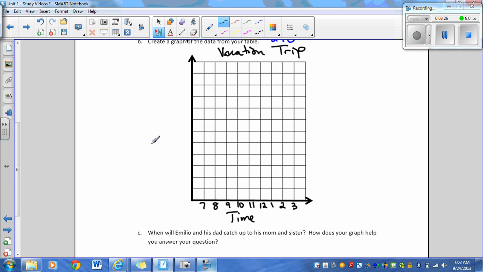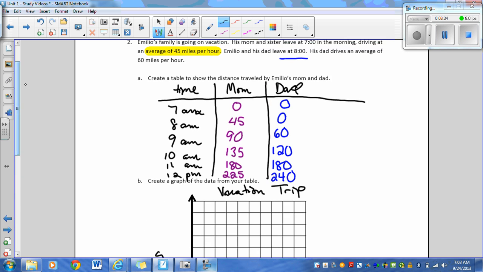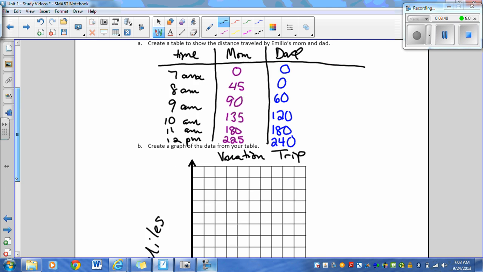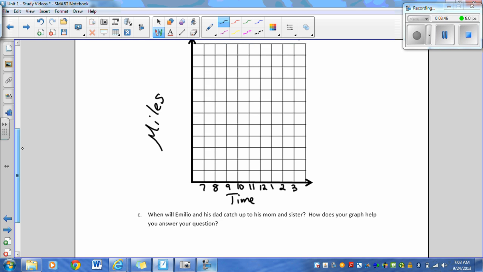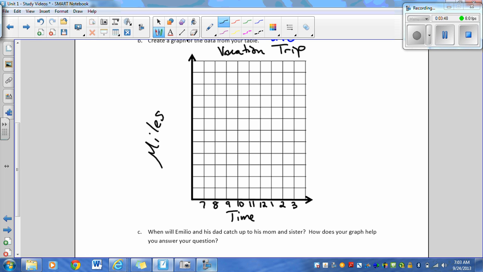And then on the y-axis, we will have distance in miles. And it looks like the biggest number I have is 240. And we have 1, 2, 3, 4, 5, 6, 7, 8, 9, 10, 11, 12. Yes, 12. So it might be a good idea to go up by 20s. And before you do it, like with pencil, I always count it out.